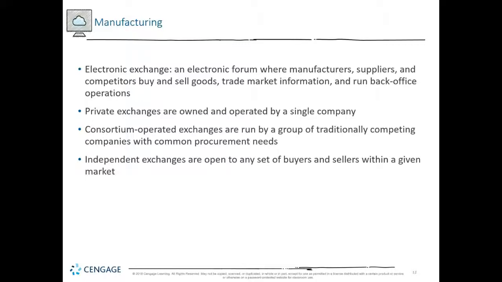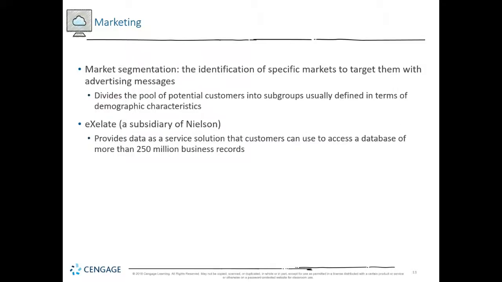Private exchanges are owned and operated by a single company. Consortiums are operated by a group of traditionally competing companies with common procurement needs. Independent exchanges are open to any set of buyers and sellers within a given market.